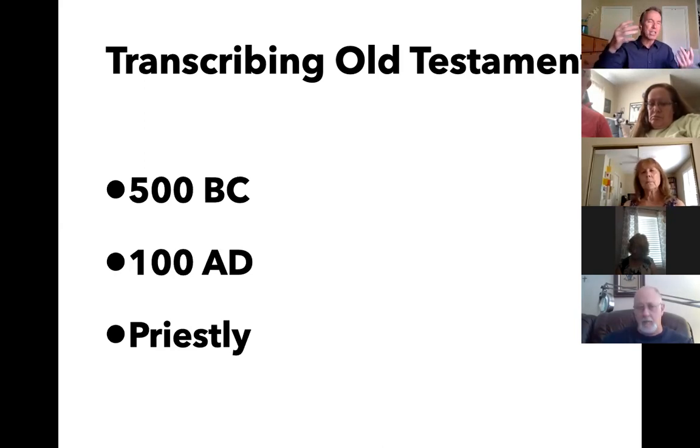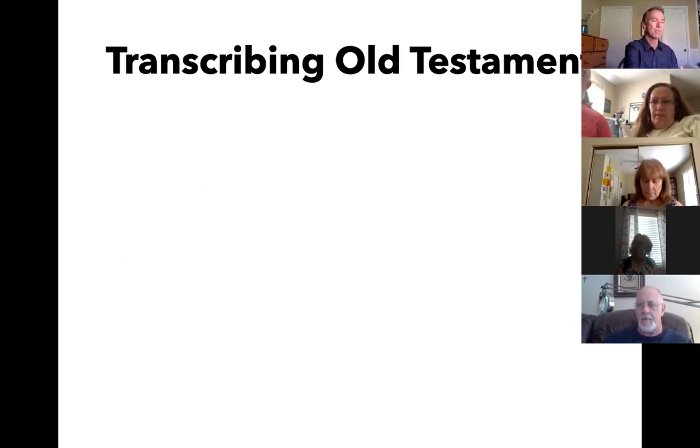There were other traditions, and we're going to talk about that in just a moment. They specialized in these things. They knew them in their head. They could write them from memory. They were very well versed with this.